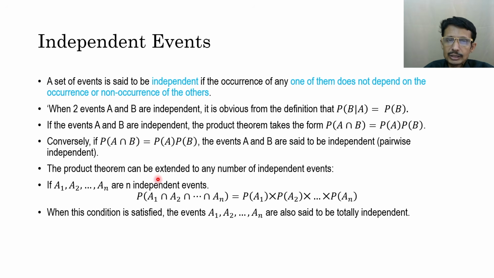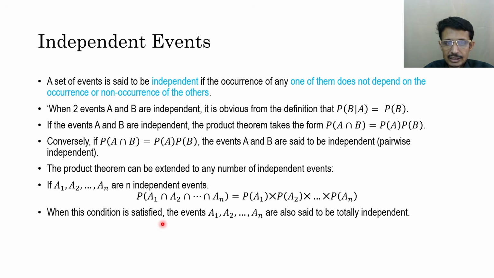Now, this product theorem can be extended to any number of independent events. That may be n independent events: P of A1 intersection A2 intersection up to An is P of A1 multiplied by P of A2, and so on, multiplied by P of An.